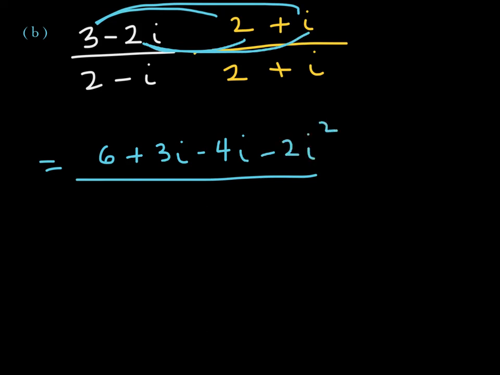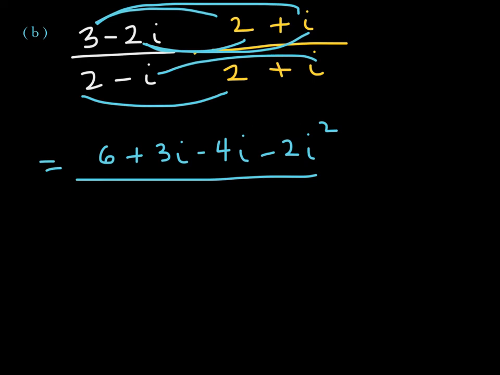All right, let's go to the denominator. I'm only going to show this product and this product, okay? Because I already know that the other products will cancel. That is to say, 2 times i is 2i, and negative i times 2 is negative 2i. Positive 2i, negative 2i will cancel, so I'm not even going to bother. So I'm only going to do this first product and this last product there.